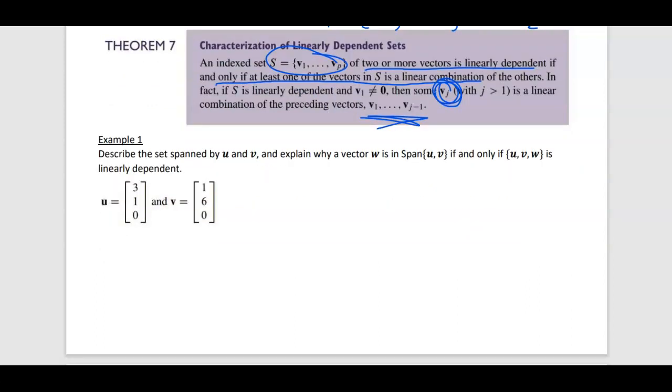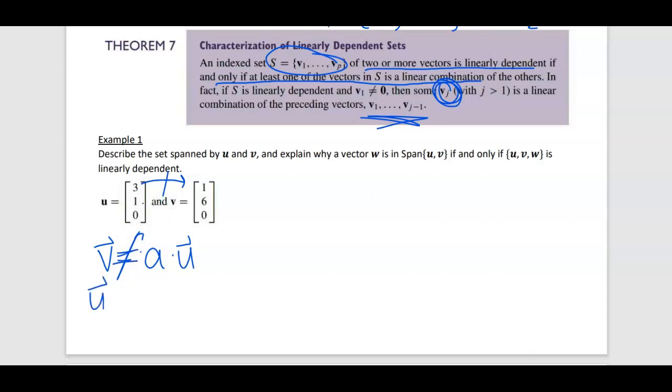So we have U and V, and the first thing I want to check is the relationship between U and V. Is V equal to a scalar times U? One-third to get 3 to 1 is not the same as that. No, so that is not the case.